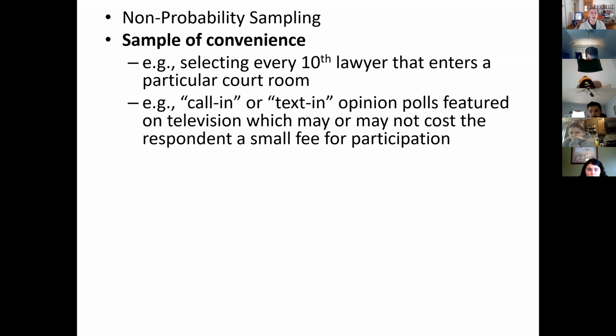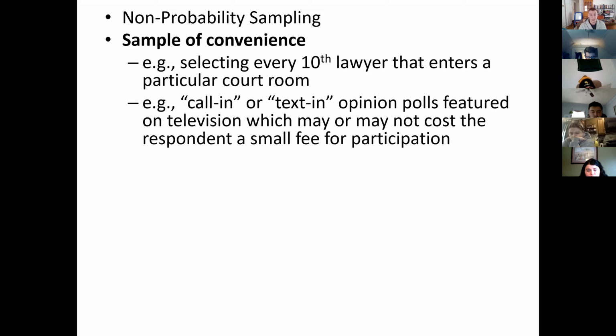Well, there is also a lot of what we call non-probability sampling, or non-scientific sampling, in the sense that you're not setting up a sampling procedure to try to hit on a representative sample based on known probabilities of being selected, being a part of your sample.